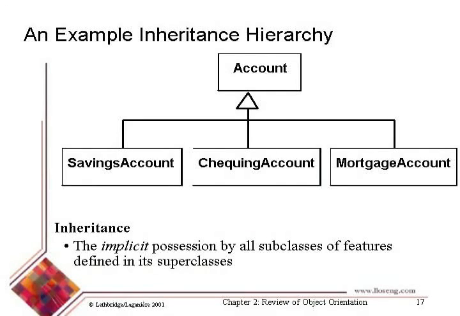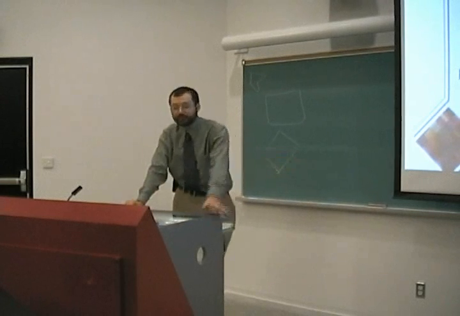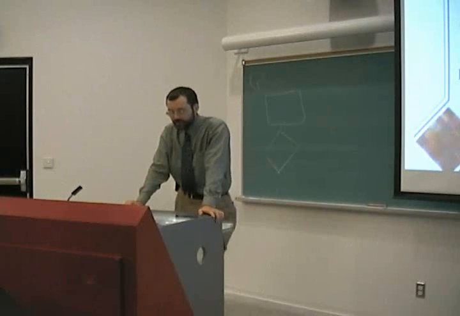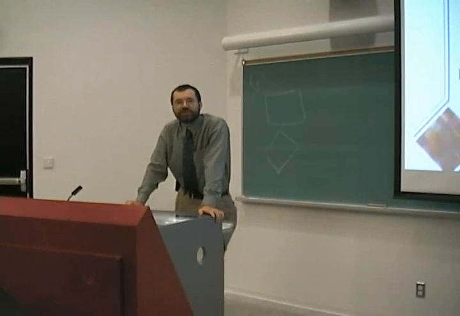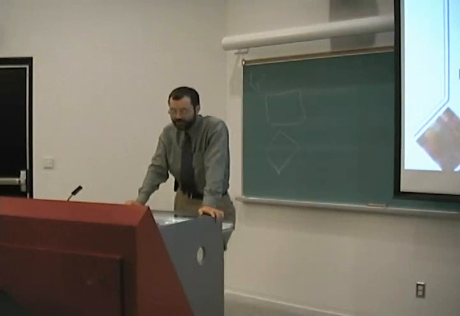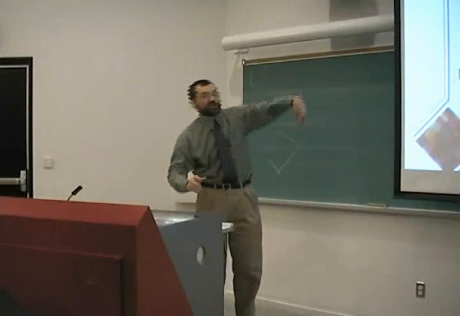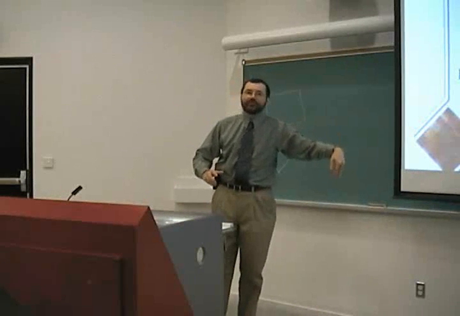Now, if you create these diagrams using tools such as Rational Rose and many other tools that are out there, TogetherSoft, for example, look at the website, you'll see tools for drawing these diagrams, and some in the lab. You'll discover that you can draw these diagrams upside down. So you can, in fact, draw the savings account, checking account, mortgage account above, but then the triangle's also pointing down the subclass.